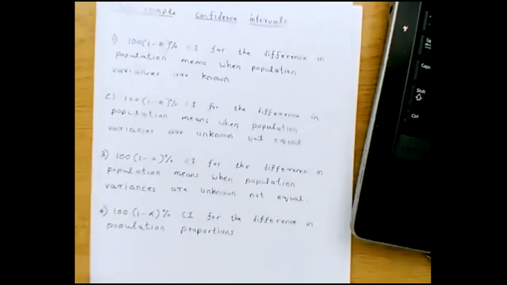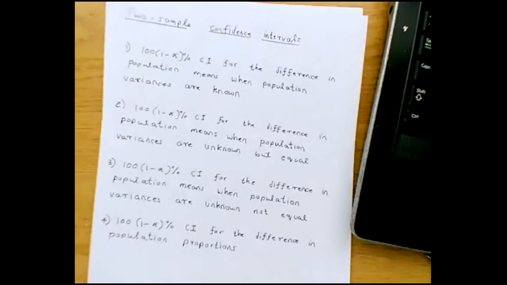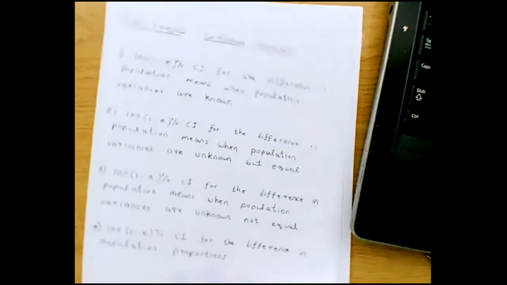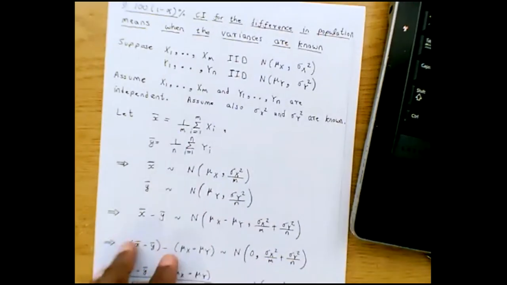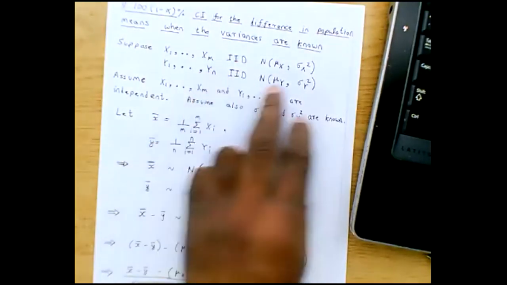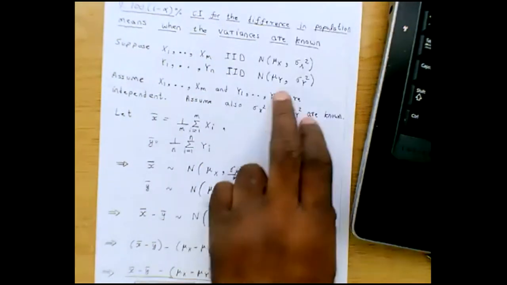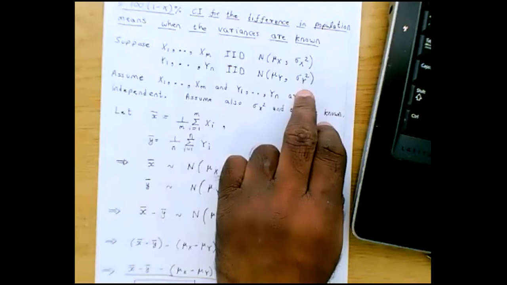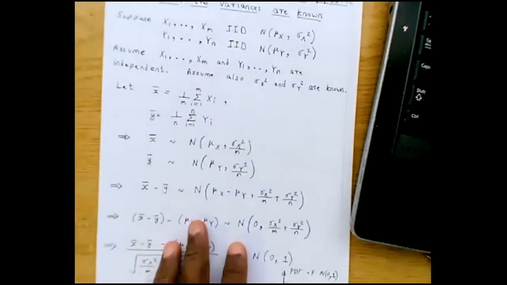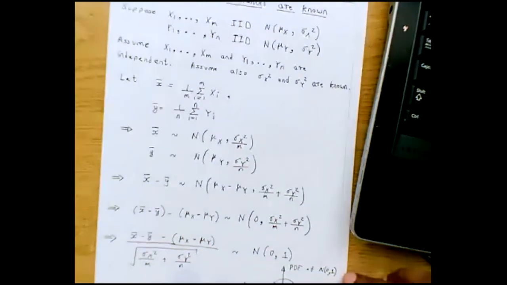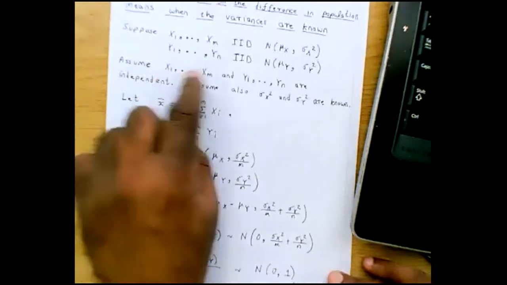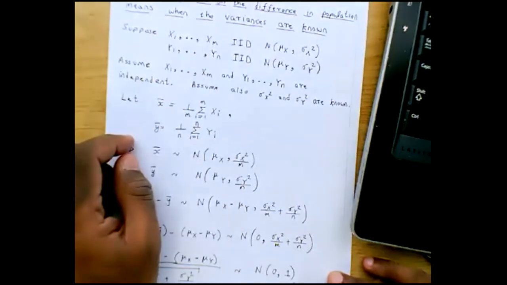Okay, so these are the four two sample confidence intervals I'm going to look at. The first one is this one. Here you have two independent random samples from two different normals, and we are assuming that the population variances are known, and that the two samples are independent of each other.